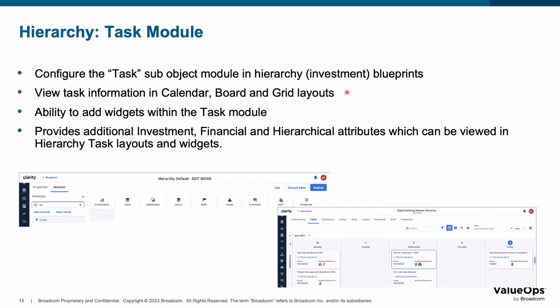And when you expose it, you'll see the calendar, board, and grid layouts, similar to what you see in the global task workspace. You'll be able to add widgets to the task module as well. And as mentioned in the previous section, those additional investment, financial, and hierarchical attributes will also be available within the task sub-object module.